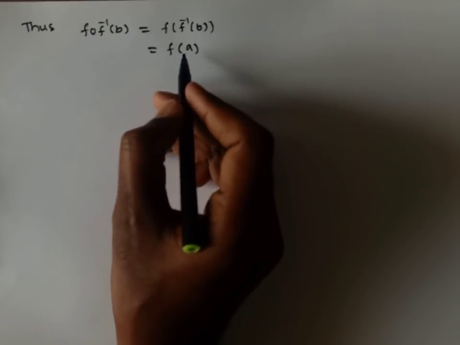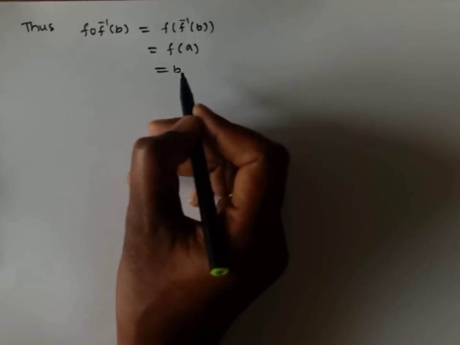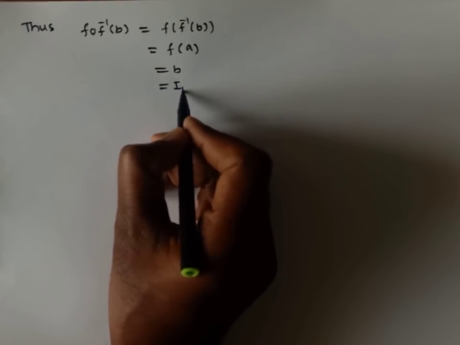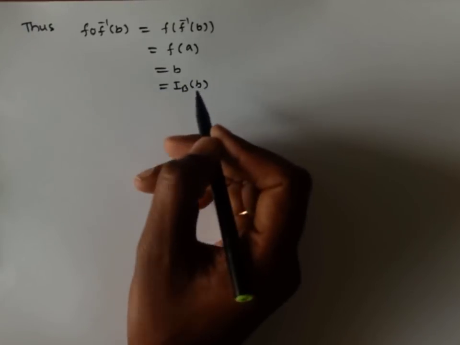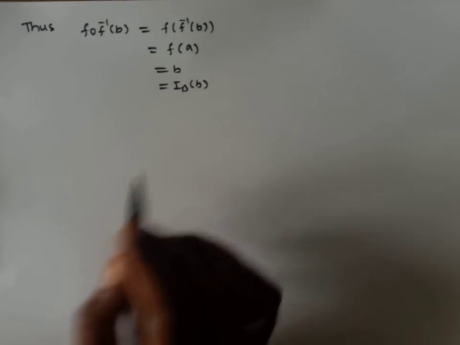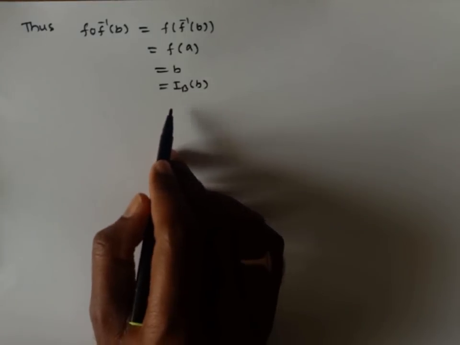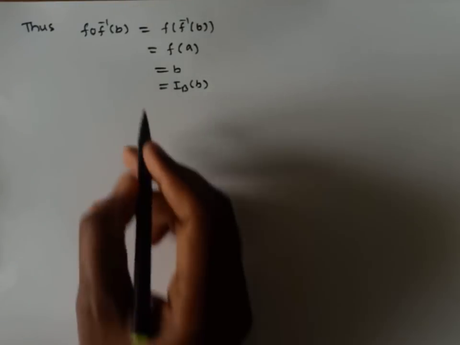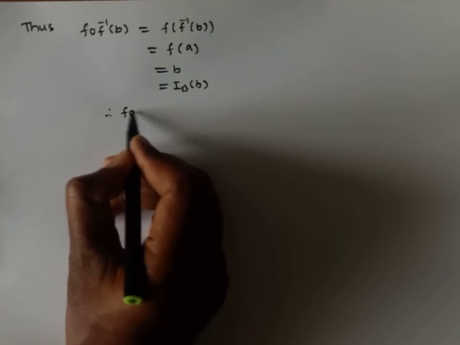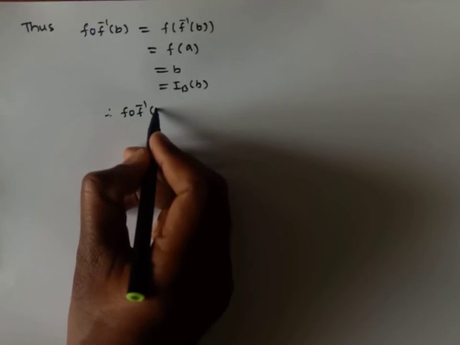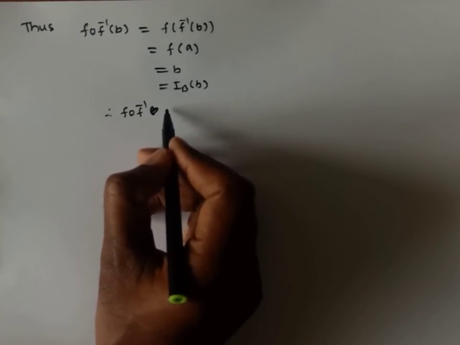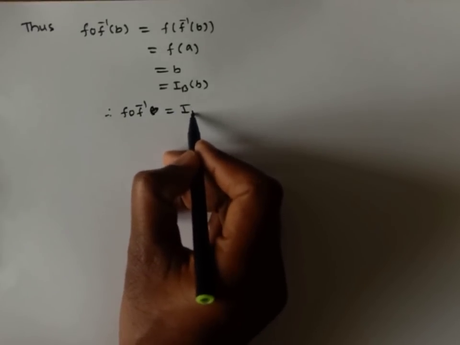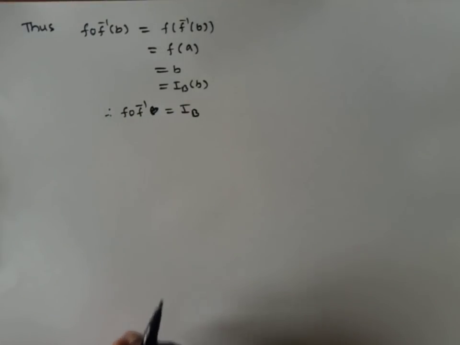Now f of a is nothing but b, and that can be written as IB of b also. With an identity function, whatever input we give, we get the same output, so I of x equals x, right? So IB of b is nothing but b. Therefore f compose f inverse is equal to IB.